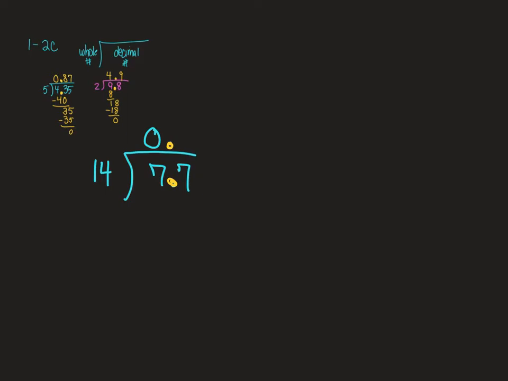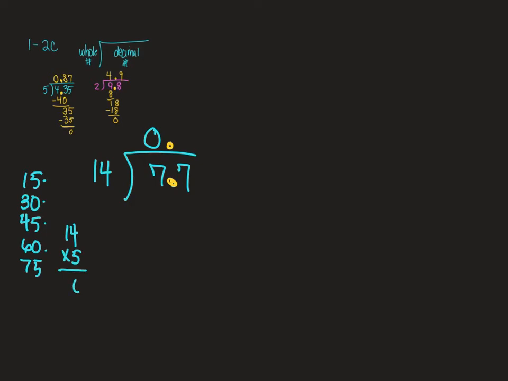I feel if I estimated this guy to be 15 and I started skip counting, 15, 30, 45, 60, 75. So I feel like 1, 2, 3, 4, 5. I'm going to try 14 times 5. Might be too big, might be too small.